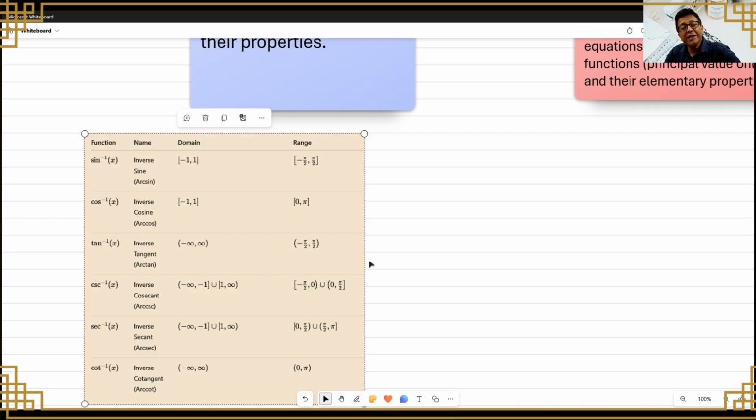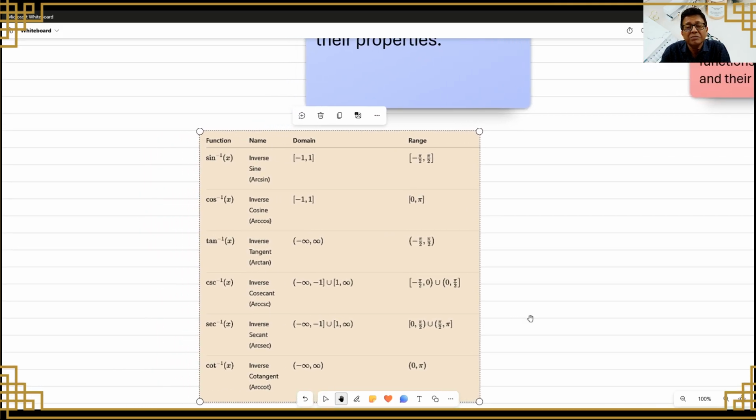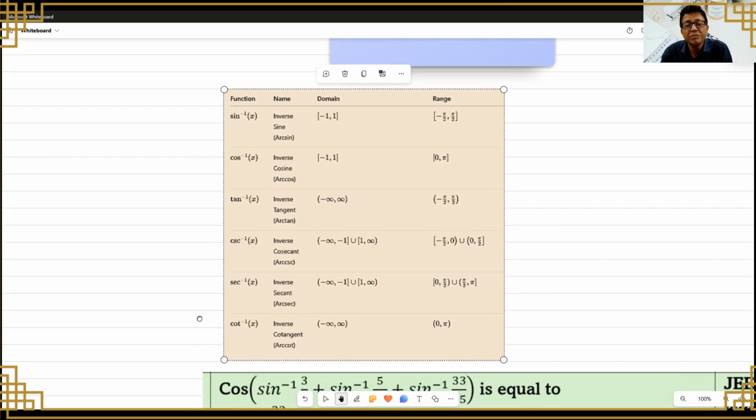cosec inverse x. Its domain cannot include that x cannot take the value in between -1 and +1, you know. It cannot take the value in the interval -1 to +1. So the domain will be from -infinity to -1 and 1 to infinity.